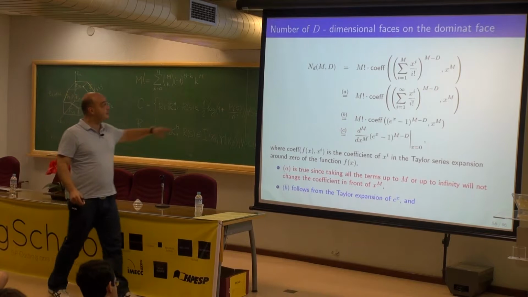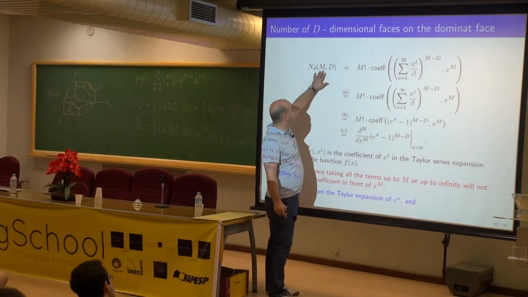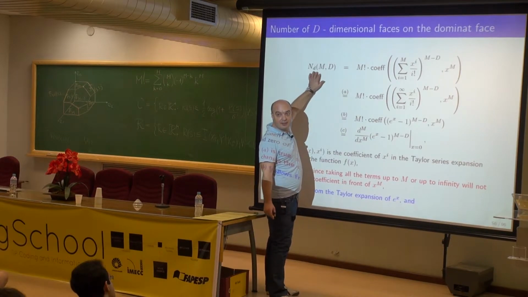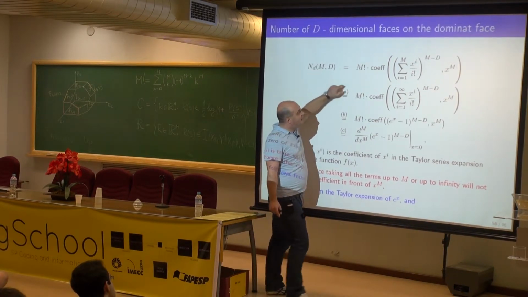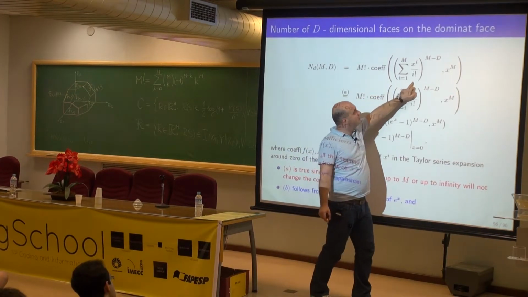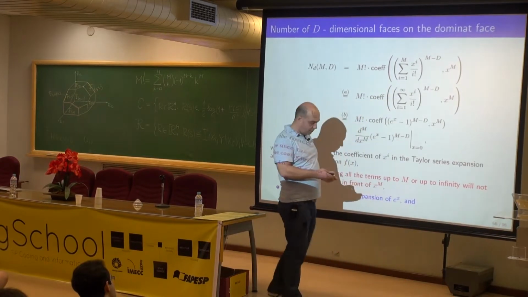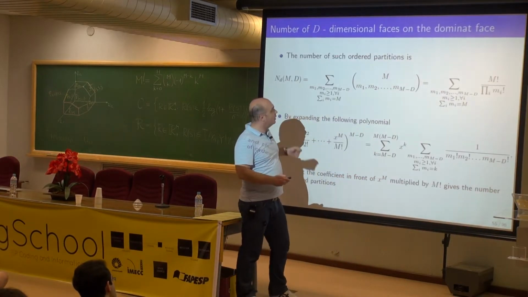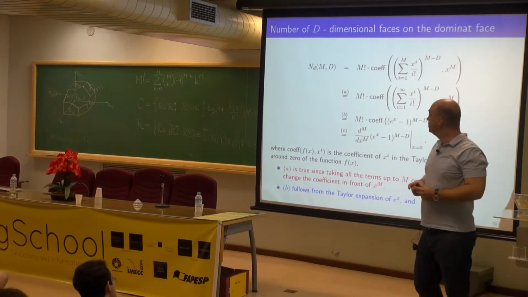So actually, the number of d faces of dimension m on the dominant face is pretty much the coefficient of this expansion, which I showed before, in front of x to the power of n.